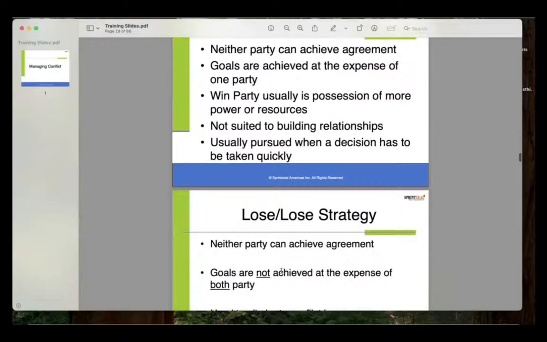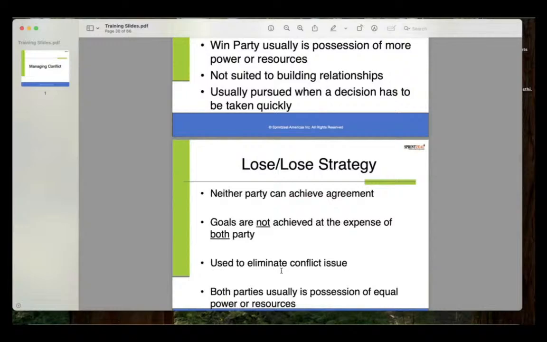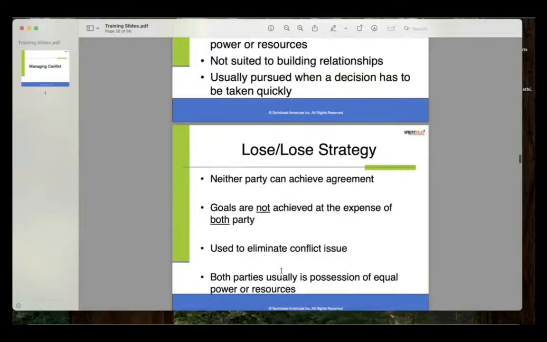Here goals are not achieved at the expense of both the parties. Also, this strategy is used to eliminate conflict issue. In any conflict issue, we basically eliminate that issue with the help of this strategy.